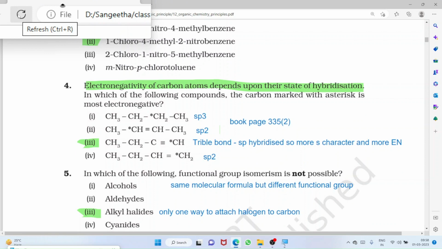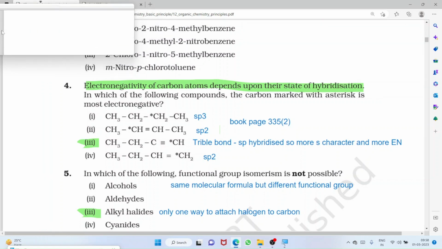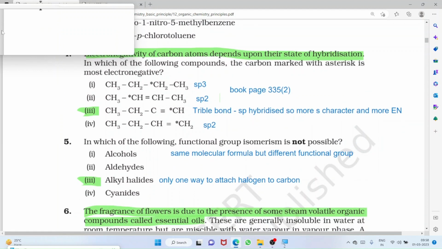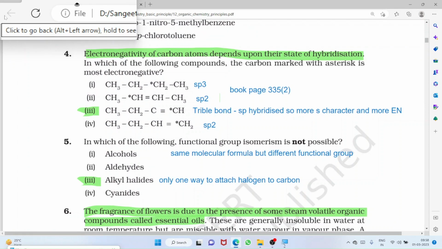Electronegativity of carbon atoms depends on the state of hybridization. As I already showed you in the beginning, the more s character, the more electronegativity. In which of the following compounds is the carbon marked with an asterisk most electronegative? See, here this is sp3, okay?